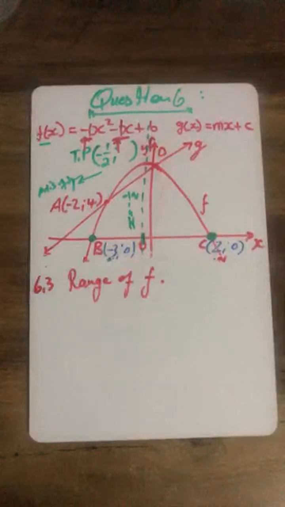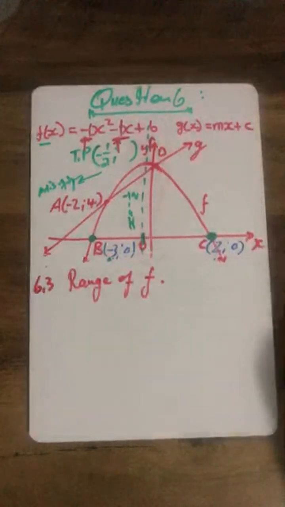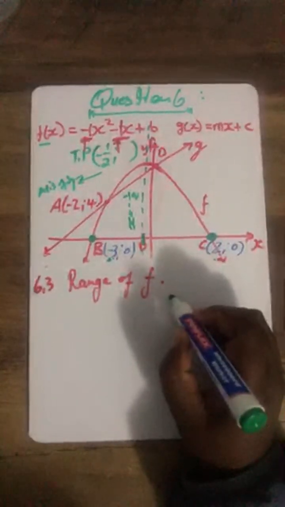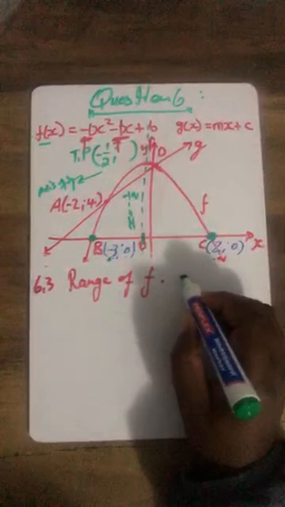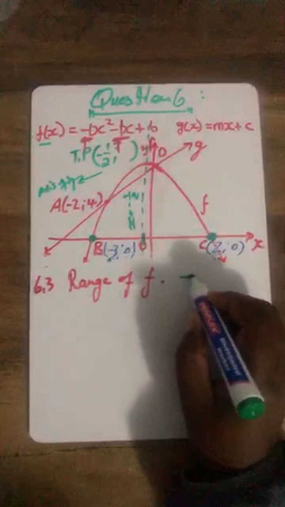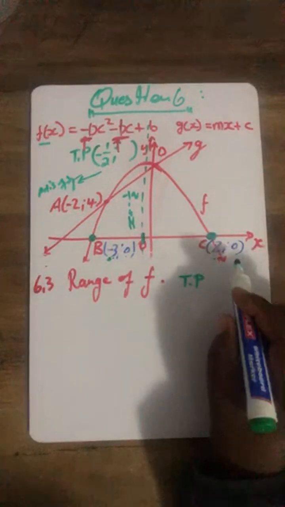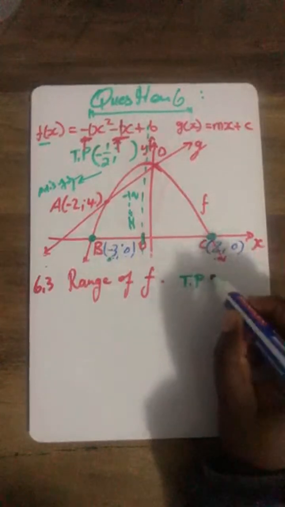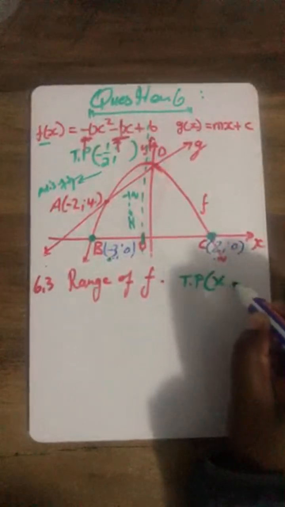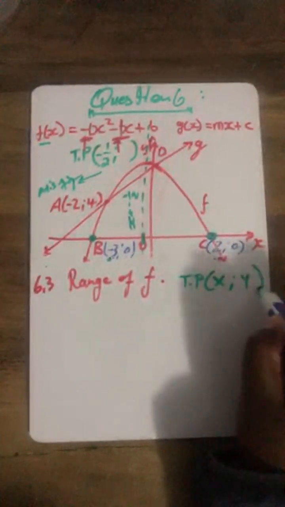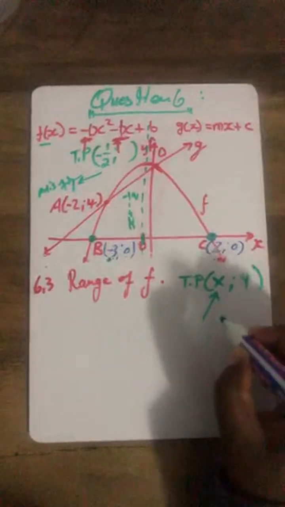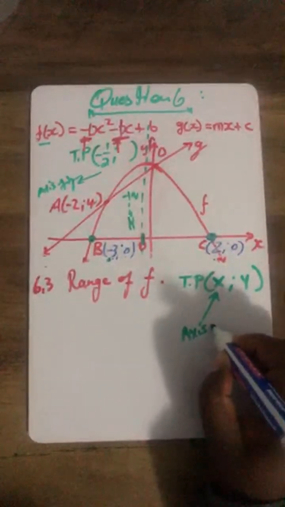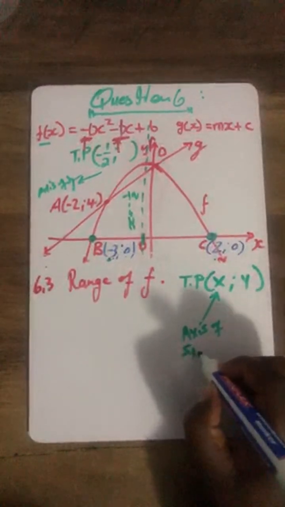I'll also give it to you guys, but what I'm going to tell you is that you will never know what the range is until you know the turning points. You must firstly know the turning points. When it comes to the turning points, the x value will help you to get the axis of symmetry.